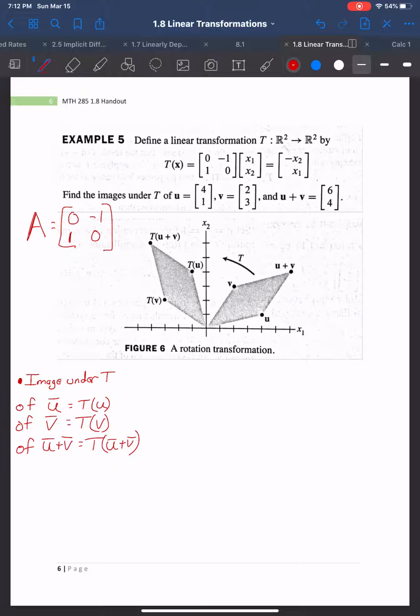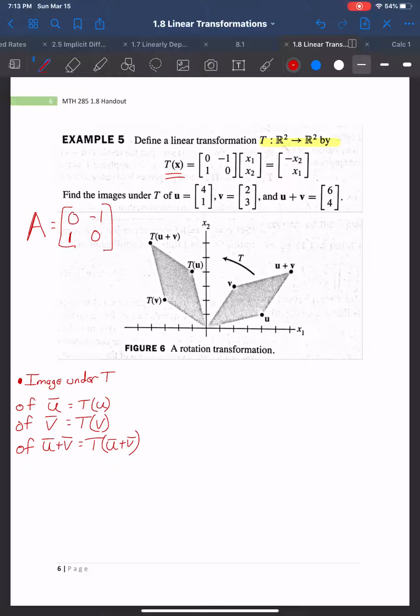So, example 5 says we're going to define a linear transformation from R2 to R2 by the following. They have told us how to define our transformation T of x.